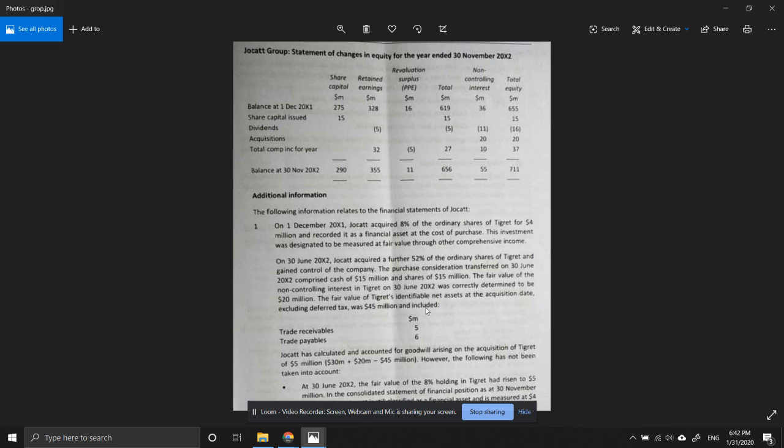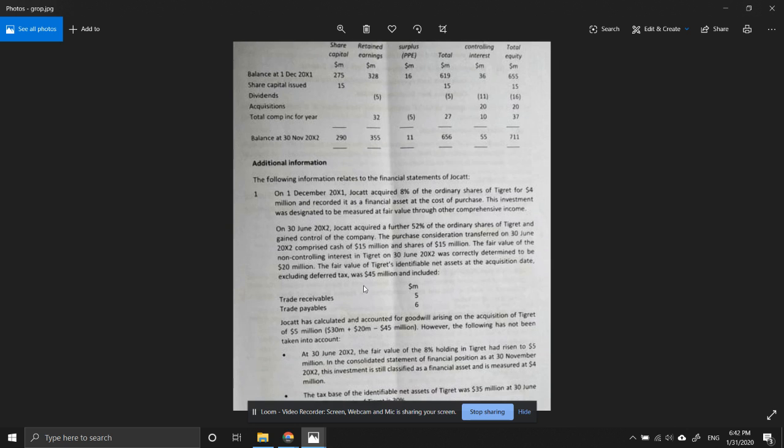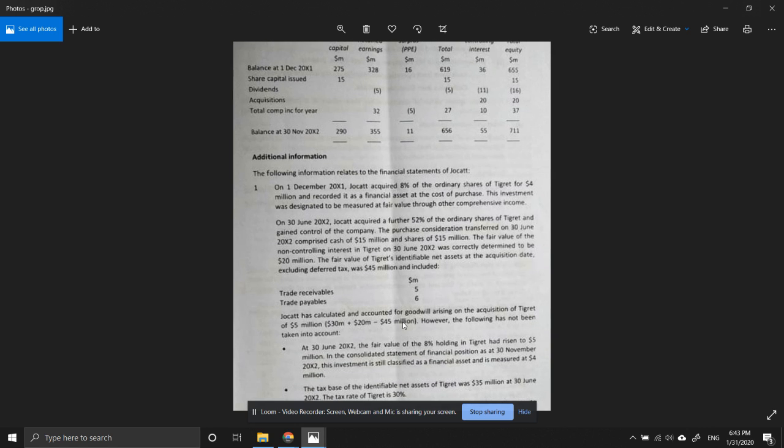The fair value of identifiable net assets at acquisition date, excluding deferred tax, was 45 million, as was, and included trade receivables and payables. Okay, Jocatt has calculated and accounted for goodwill arising on the acquisition of Tigret of 5 million, which is, what did you do? 30.